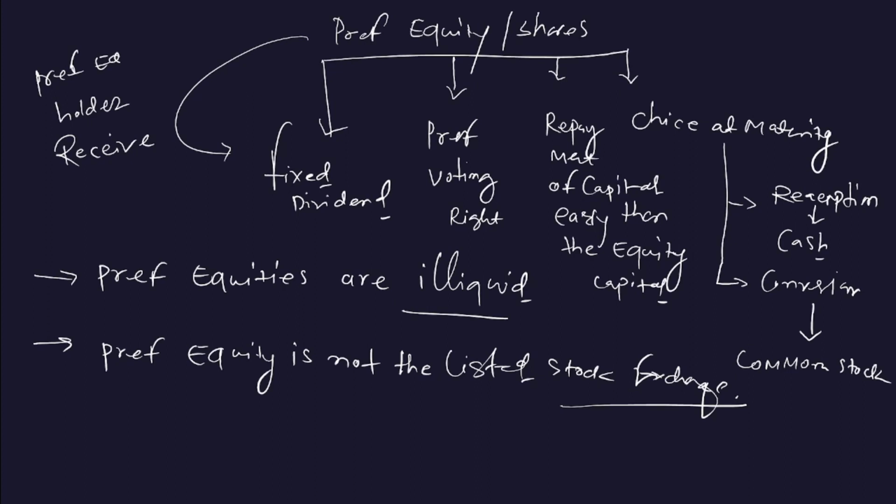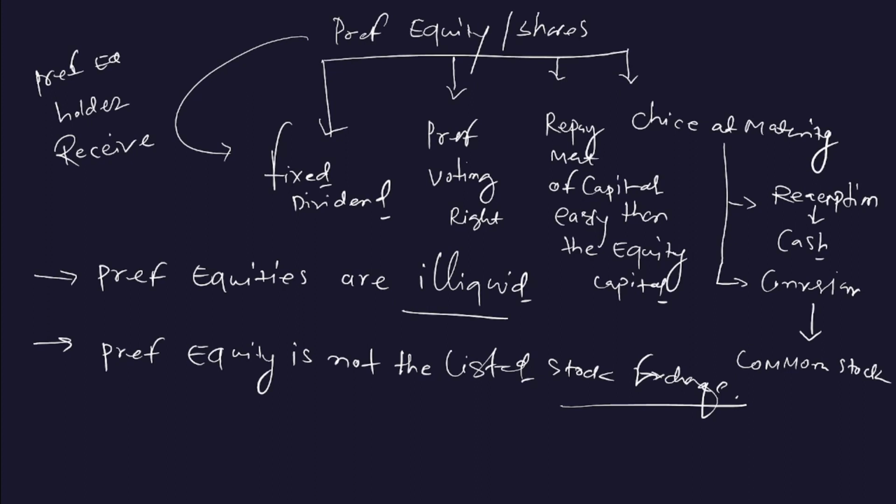So these are the key things required when someone asks what is preference equity. You should tell that preference equity holders receive fixed dividends as well as preferential voting rights, and in terms of repayment of capital, of course they receive early repayment of capital than the common equity capital.